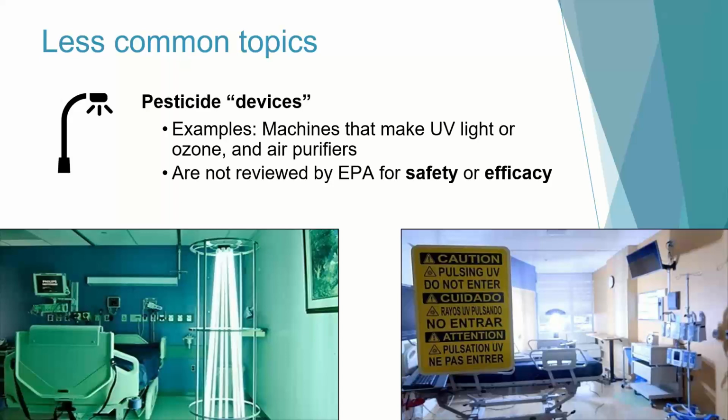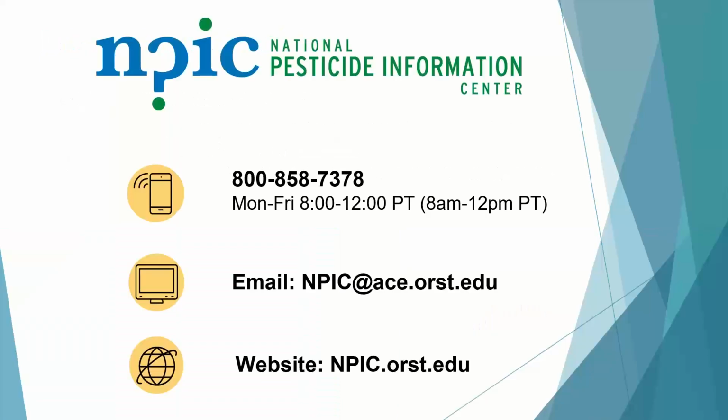Yeah, and with that, that's all I have on the topic. So here's some information about the National Pesticide Information Center. The number up top is our 800 number, so that's a phone hotline.